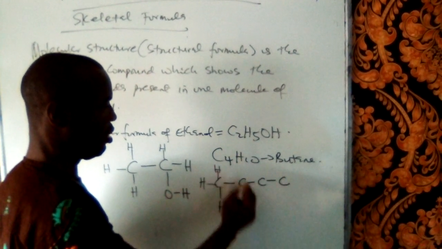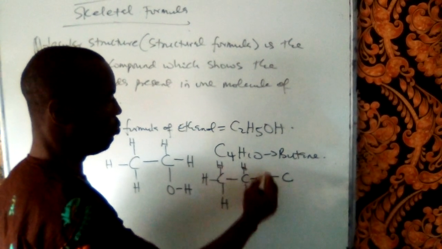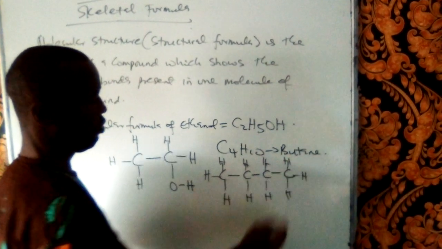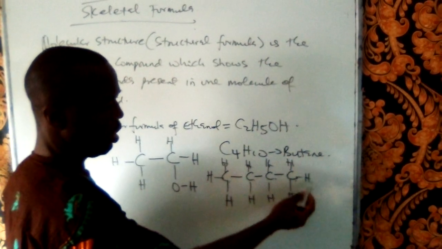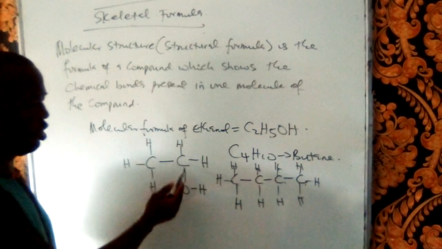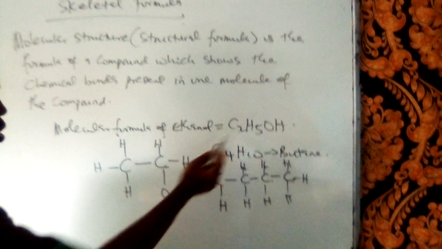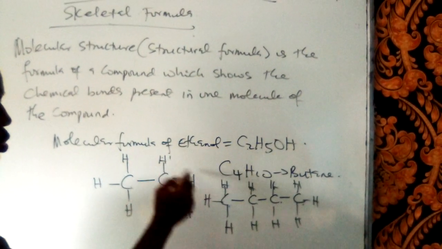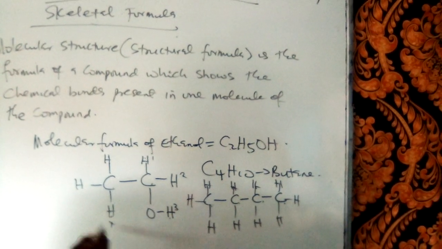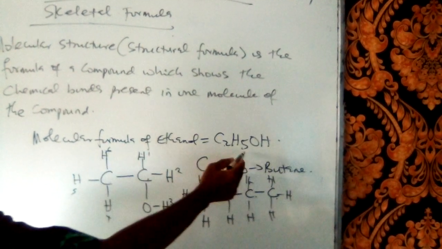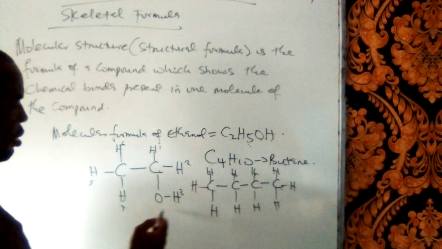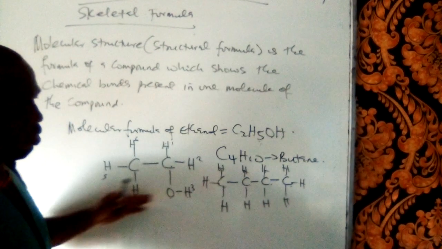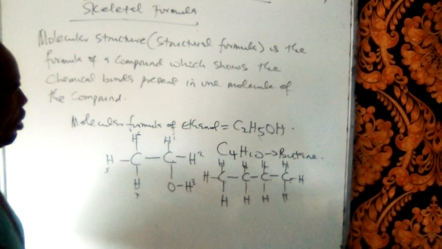So this will now give me the molecular structure of butane, C4H10. You count it, you have 4 carbon and then 10 hydrogen. You count this one, you have 2 carbon, then 6 hydrogen atoms, 1, 2, 3, 4, 5, 6. 5 plus 1 is 6, and then 1 oxygen atom. So these ones are called molecular structure or structural formula.